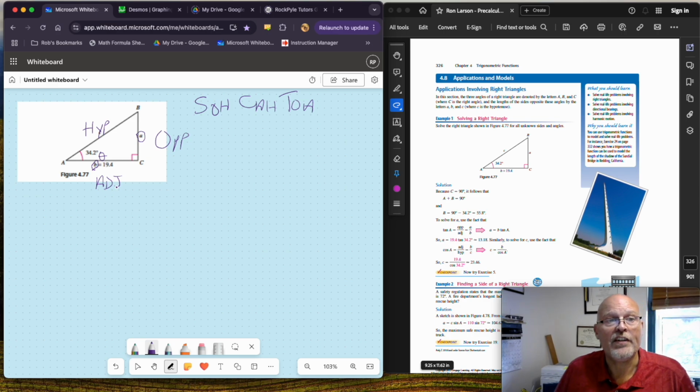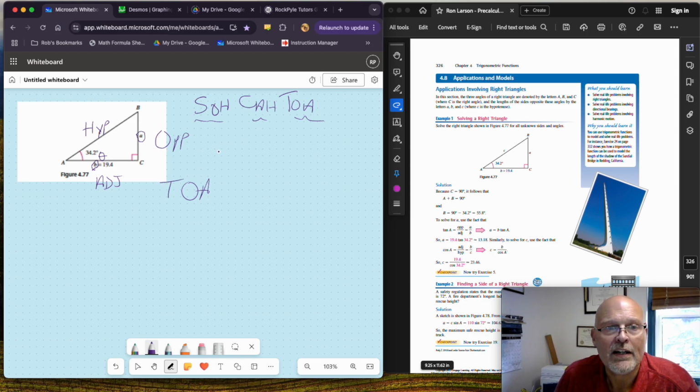The way we solve these is we figure out what we have, and then we set up one of these three trig functions that includes the variable and the two pieces of information that we know. For instance, with this one, if they want us to find A, we know that our angle is 34.2. I've got the adjacent and I want the opposite. So I want things that involve O and A. That's tangent.